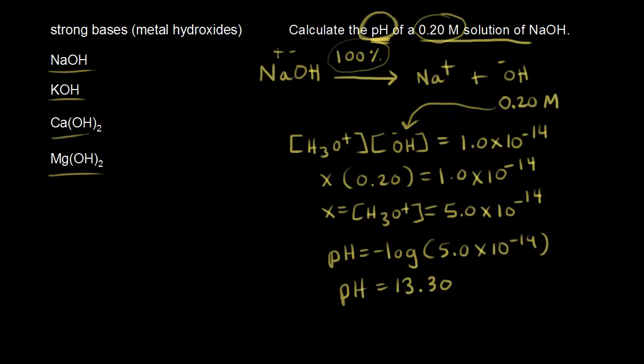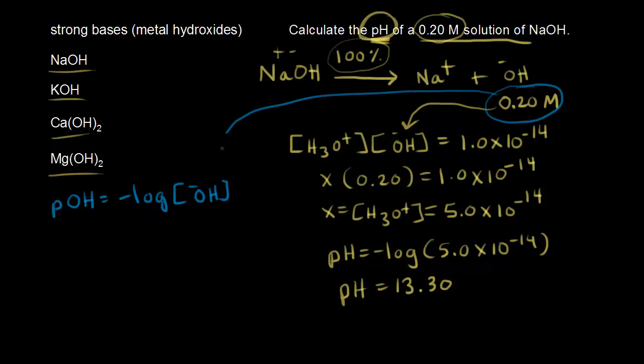So there's another way to do this problem. And that is when you find the concentration of hydroxide, you can immediately find the pOH. So the pOH is equal to the negative log of the concentration of hydroxide ions. So that would be 0.2. So we could plug that into here to find the pOH.